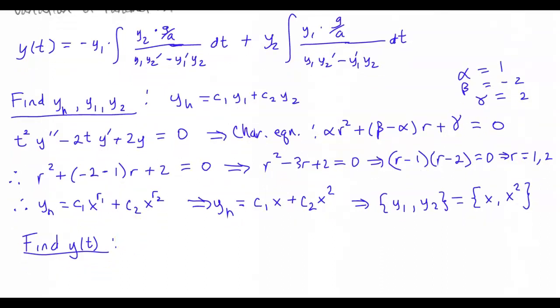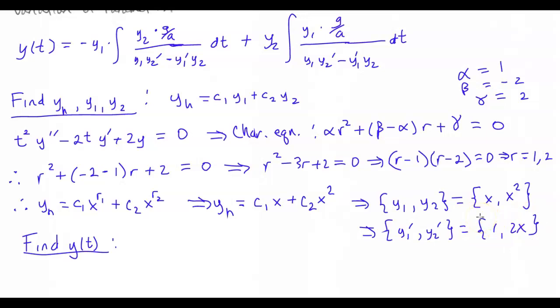Now, one of the things that we want to take note of is that in this formula, I need to know what y2 prime is and what y1 prime is, right? So I need to figure out what the derivative of these two functions are here. And that would be 1 and 2x respectively.